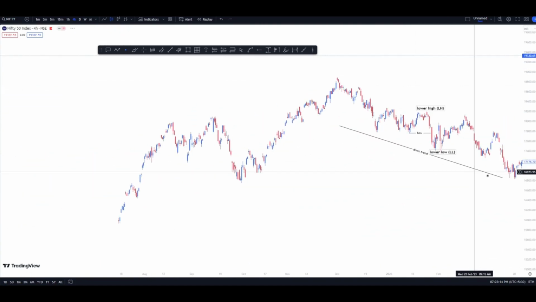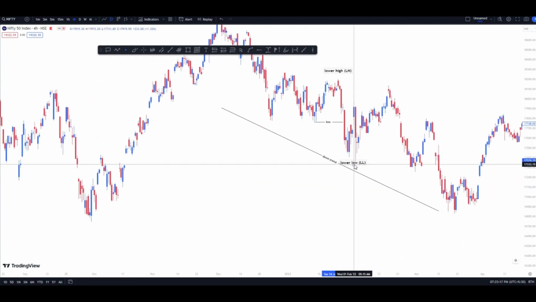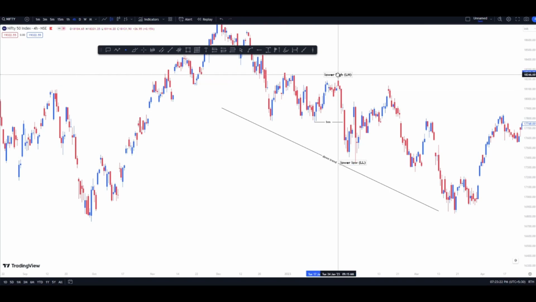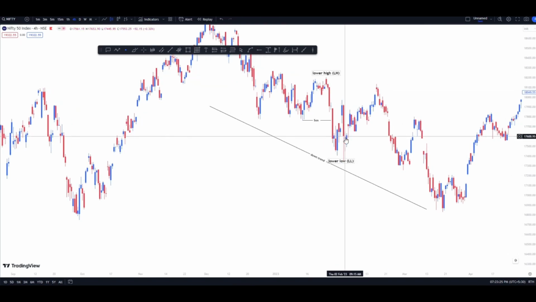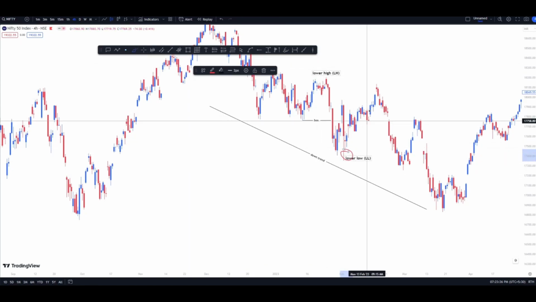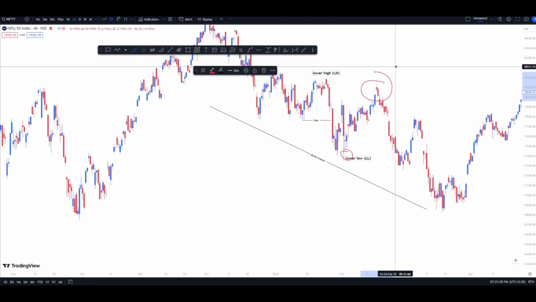Okay, again, when price came back up towards this high, what do you see? What is the purpose of a low? To make a new high. Did this low fulfill its purpose?